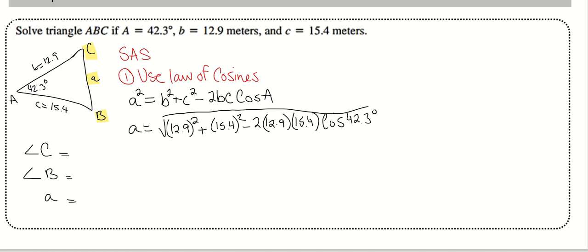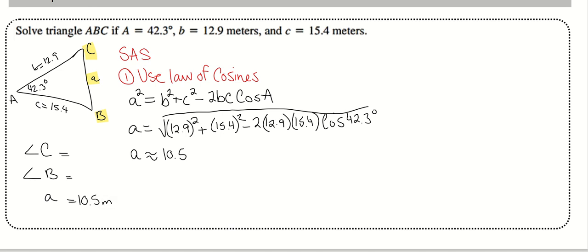Don't forget that your calculator must be in degree form. So once I do my calculation here, I end up with a side length of 10.5. And remember that this is 10.5 meters.